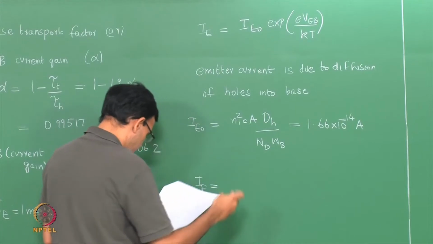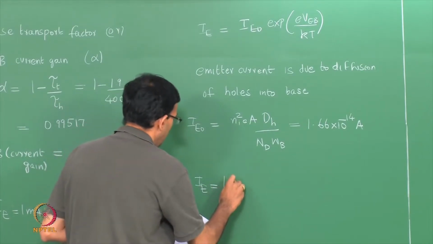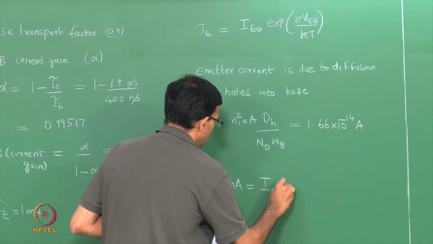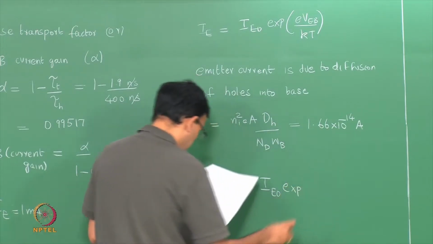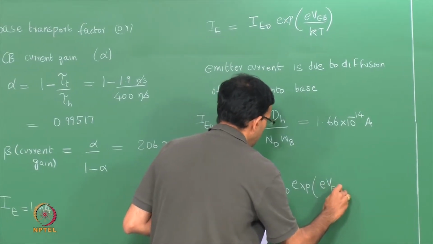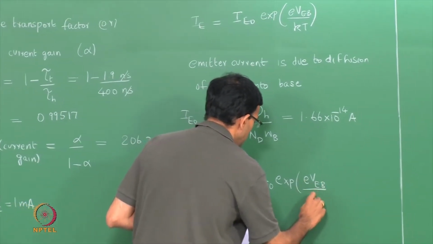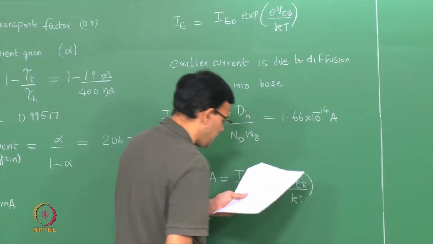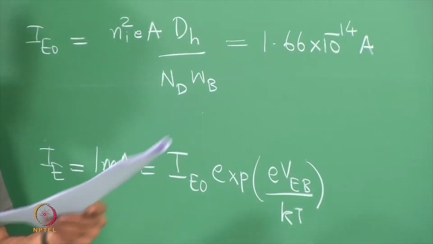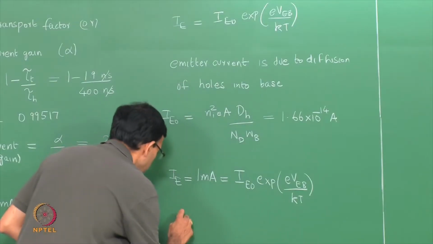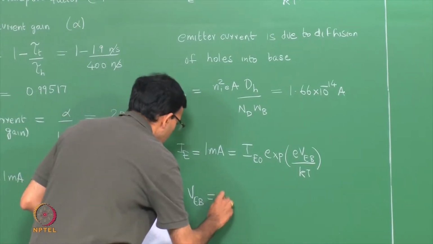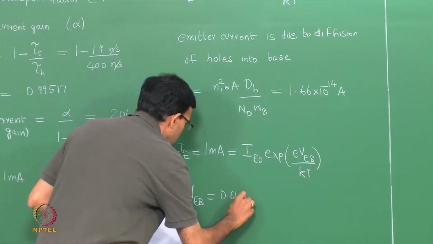IE is given to be 1 milliampere, which is equal to IE naught exponential e VEB, which is the emitter base voltage, divided by kT. So, all the terms here are known except VEB. So, you can rearrange, and then VEB is 0.64 volts.